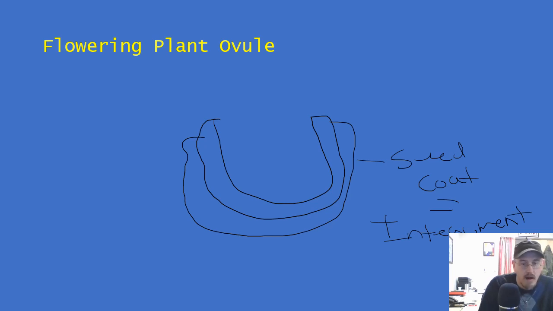Okay, and what I'm going to show you first of all is the female or mega gametophyte of a flowering plant, and I'm only going to show you part of it because we're not going to go full botany today. What we have in here, two important things. Down here is going to be the egg, and then up here is a great big cell with two nuclei in it called the central cell.